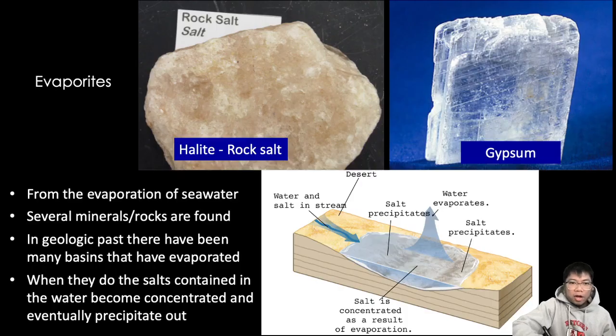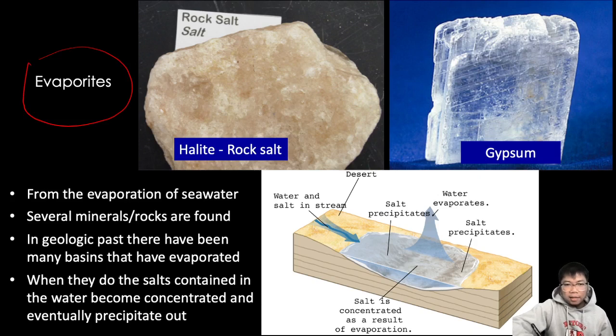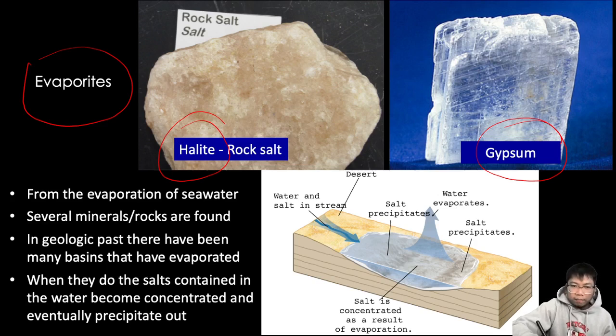The next type of rock is called evaporites, and the examples would be halite or gypsum. These types of rocks form due to the evaporation of seawater, and several minerals and rocks can be found, such as halite, gypsum, or carnallite, and there are many more examples of evaporites in nature. But halite and gypsum are the two most common types of evaporites.